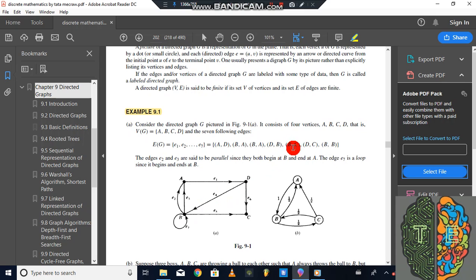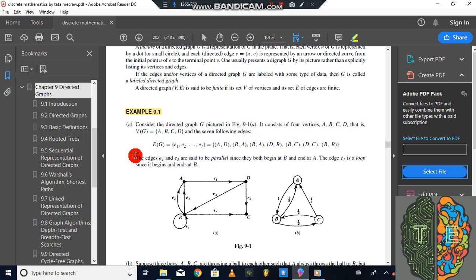And B to C. You can see the arrow here, this means from this to this. And B comma B is the self loop. This is also the reflexive condition in the graph. So this is the way to draw a graph and also a directed graph.